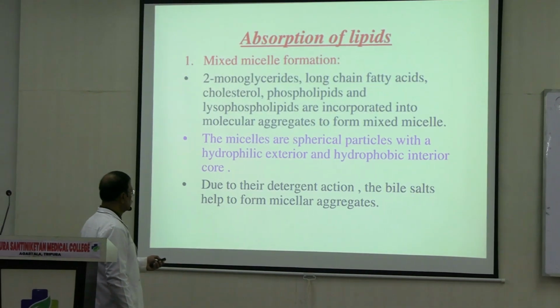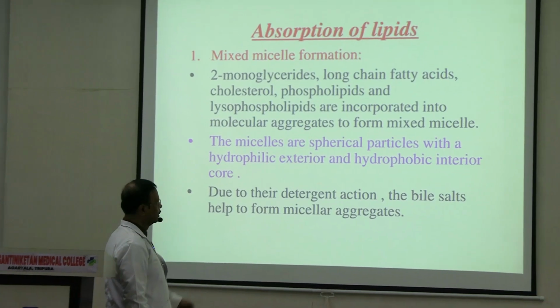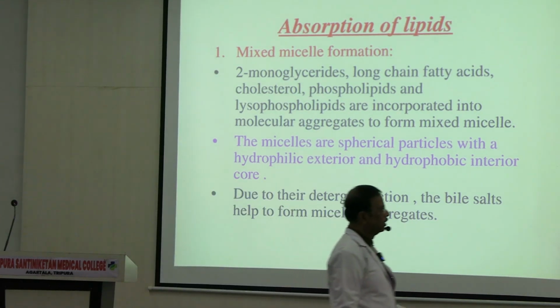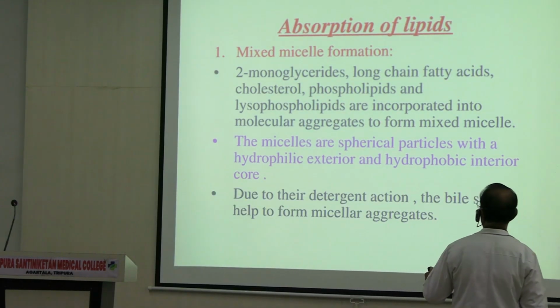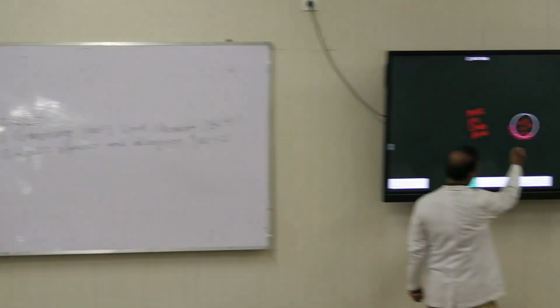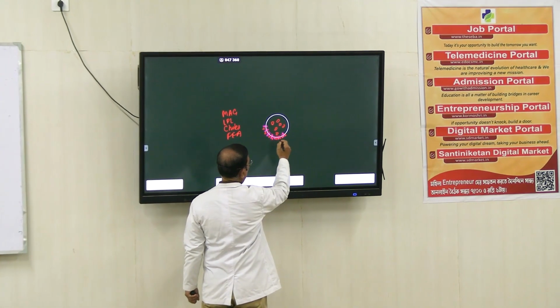So bile salts, due to their detergent action, help to form micellar aggregates. Now, phospholipids will be arranged in this way. In between, there will be cholesterol molecules.